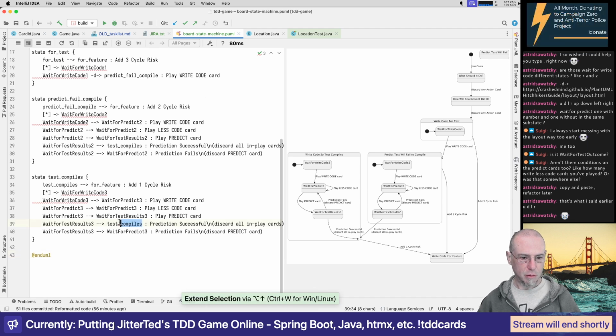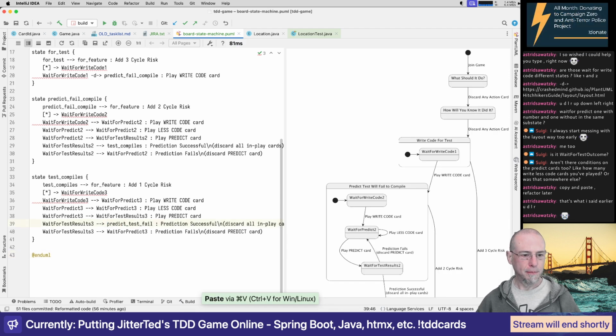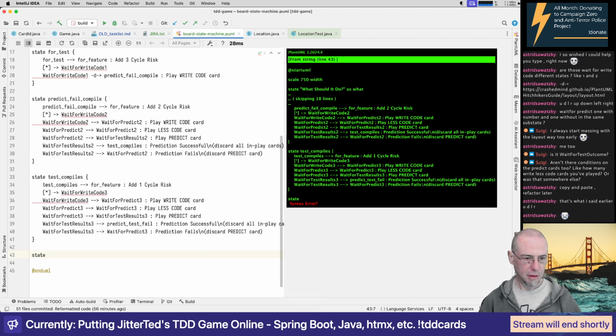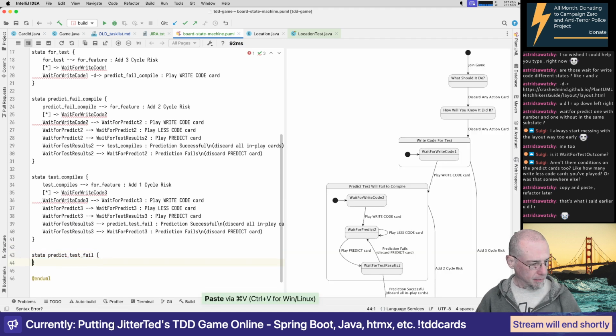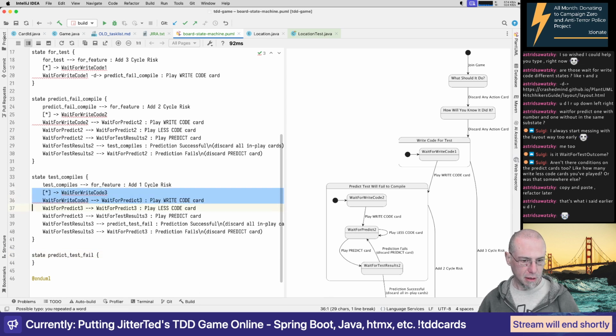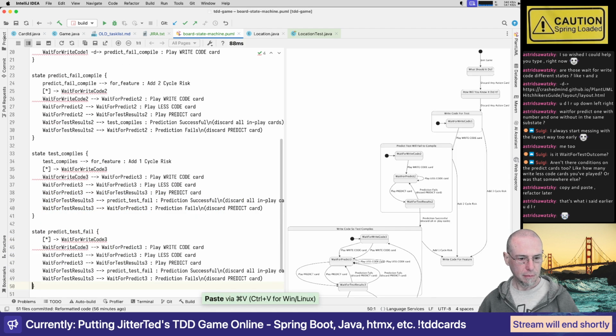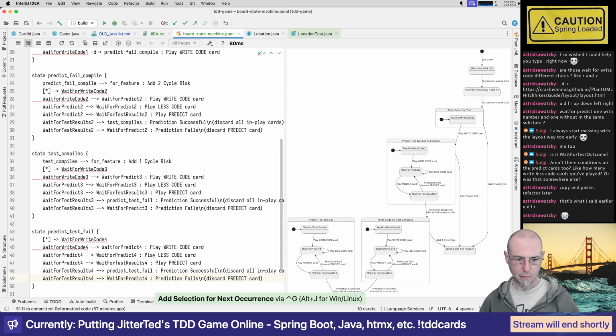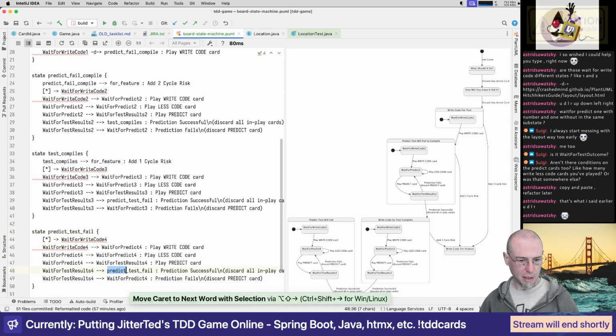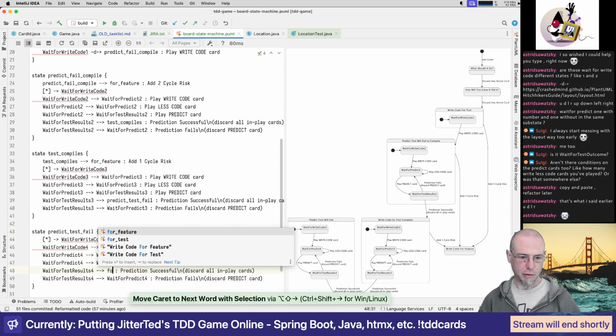So that's what this one is going to. There we go. And that's the next state, which is this one, similar, except you can't exit by taking on risk. And then the next step is for feature.